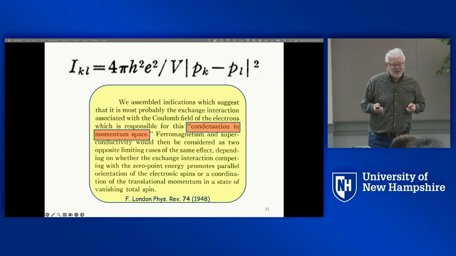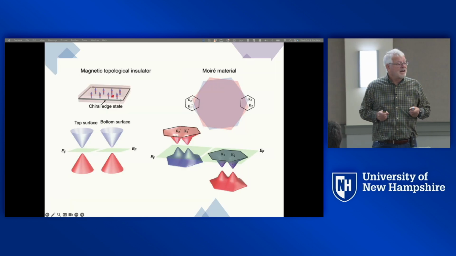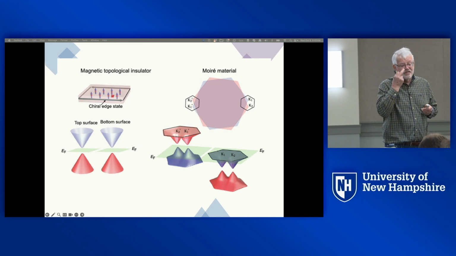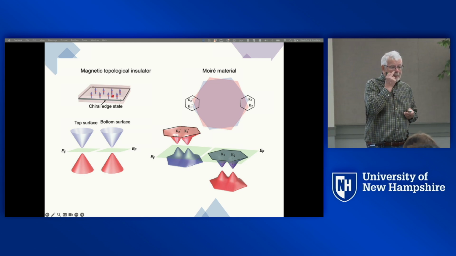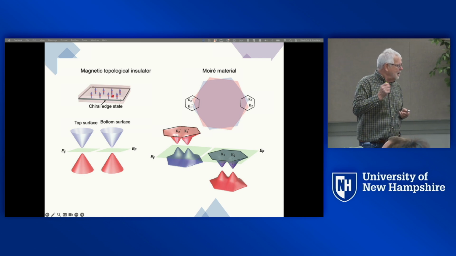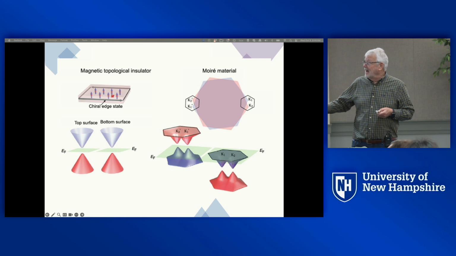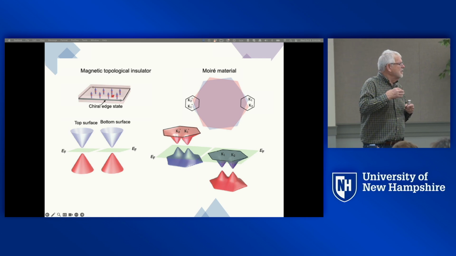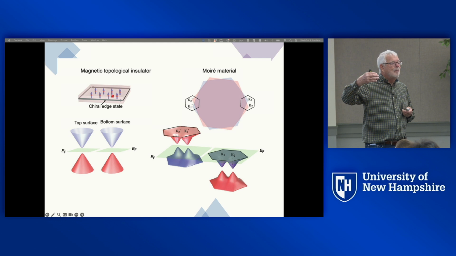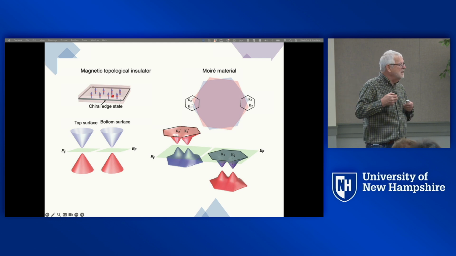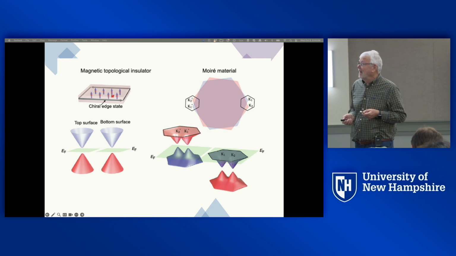So we know it's not the correct theory of superconductivity, but it is a correct theory of something that is very common in all of these multi-valley moires, the tendency to form broken symmetry states in which one valley is occupied more than the other. It's really driven by exactly this thing that London and Heisenberg had in mind.